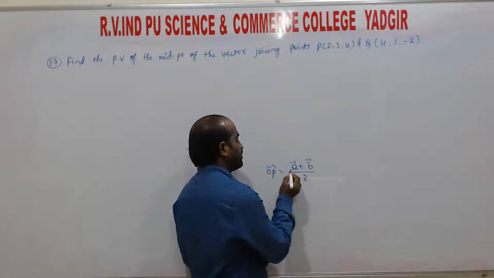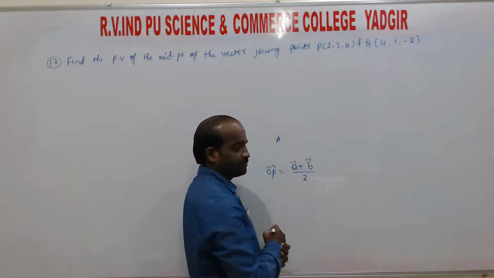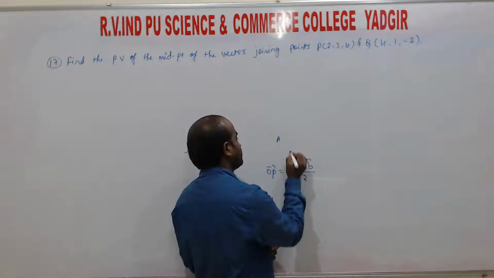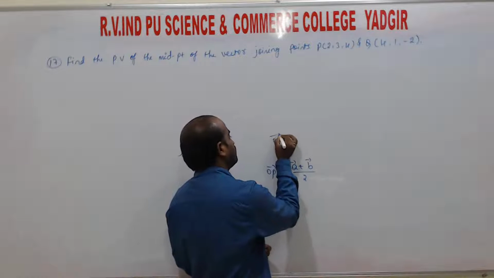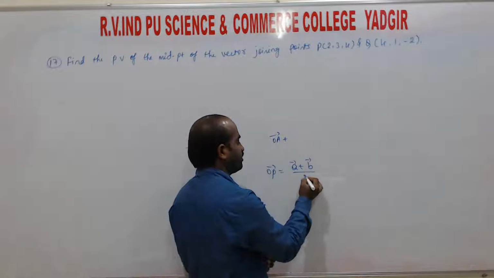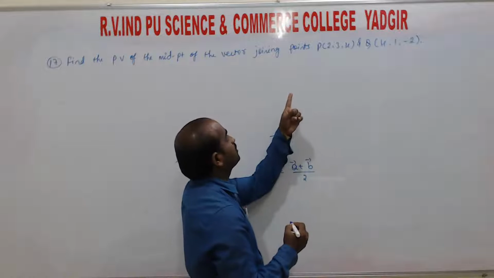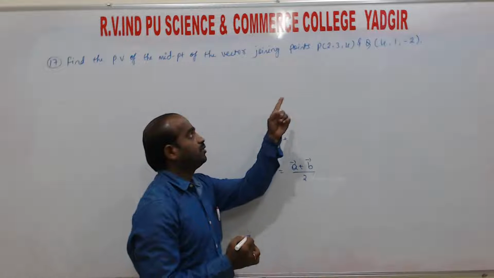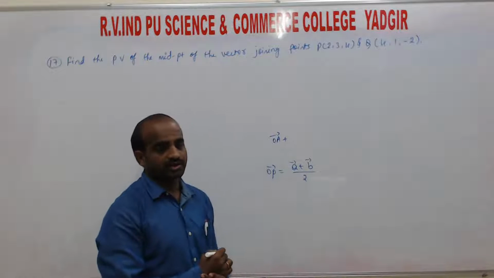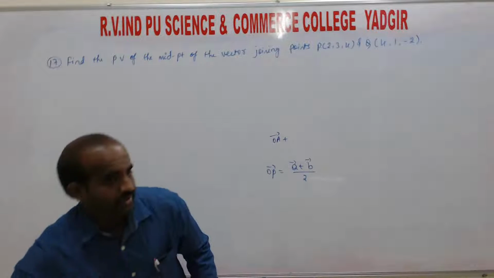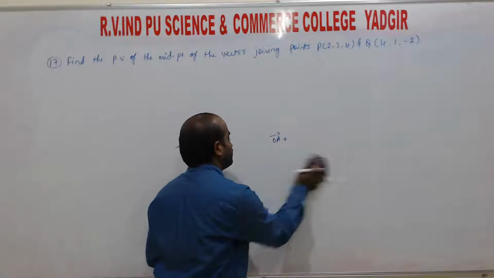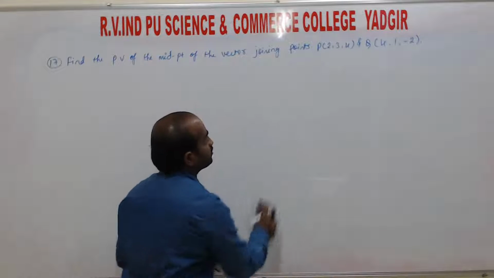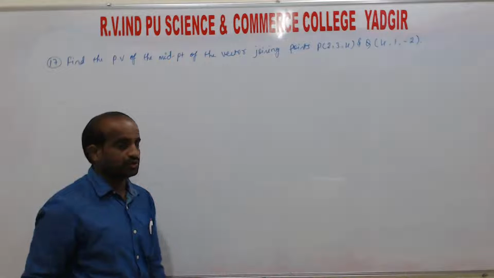The position vector with respect to the origin is given by the OA vector plus the OB vector divided by 2. So the midpoint of PQ is the OP vector plus the OQ vector divided by 2. First, you write the position vectors of the points P and Q.